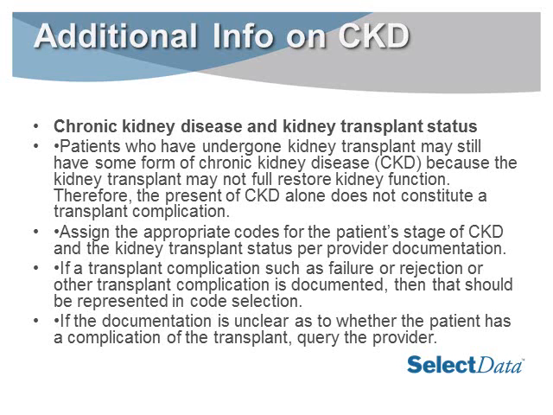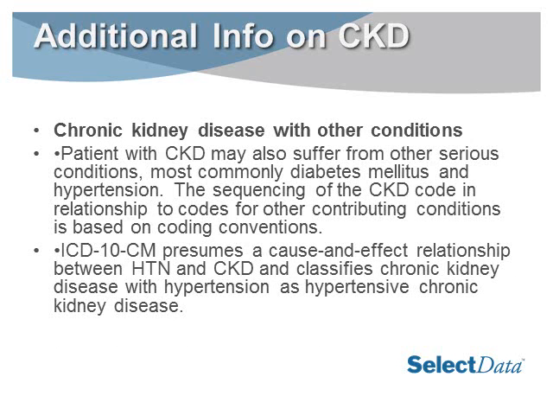If a transplant complication such as failure or rejection or other transplant complication is documented, then that should be represented in the code selection. And if the documentation is unclear as to whether the patient has a complication of their transplant, you must query the provider and get that clarified. And we tend to see this for a lot of patients in the Pittsburgh area, where a lot of kidney transplants are performed. So it's really good to know, Elizabeth.